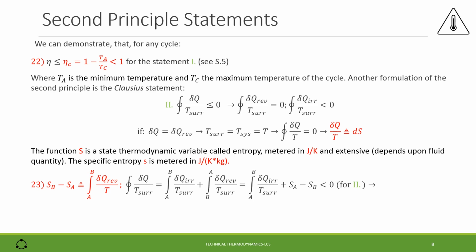Then we come back to the Clausius statement that says the circular integral of dq over temperature of the surroundings, because it's a cyclic transformation, we can split into the integral from transformation A to B and from transformation B to A. And we consider for the first an irreversible transformation and for the second a reversible transformation.